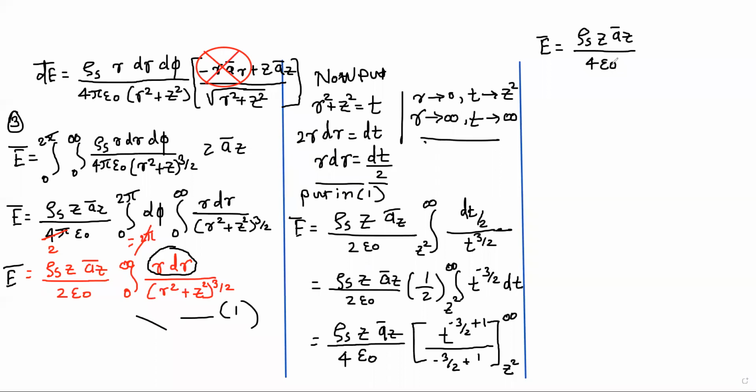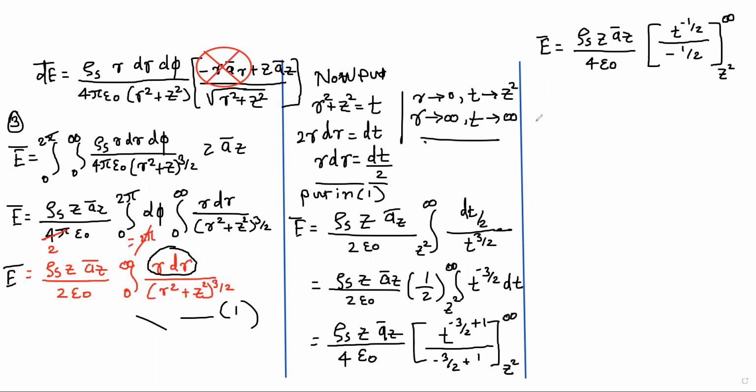Here, to simplify this, you will get t raised to -1/2 divided by -1/2. This is z square to infinity.